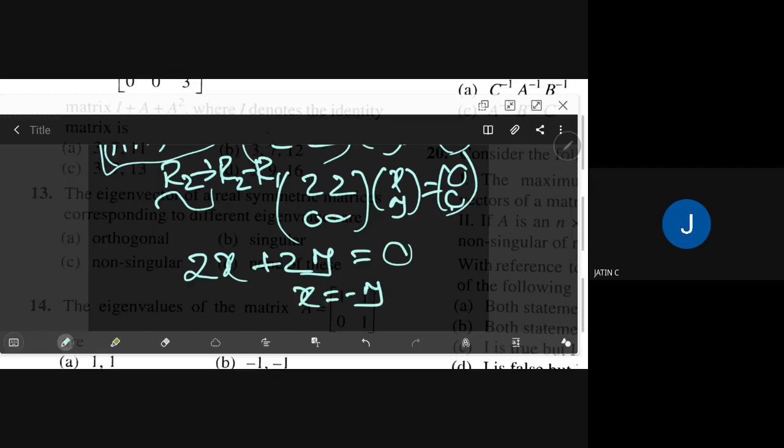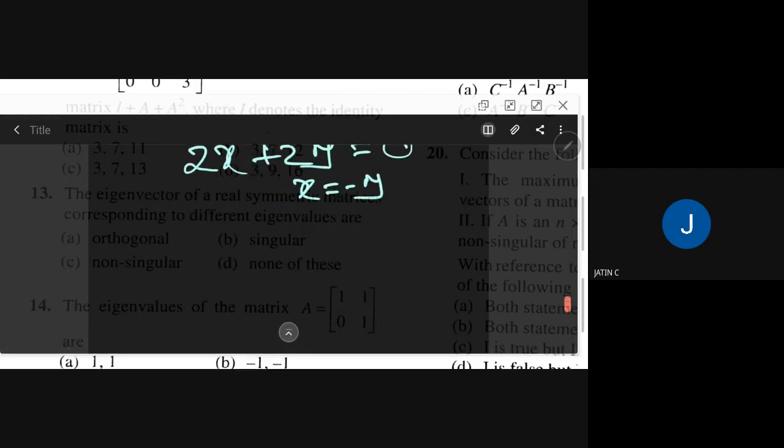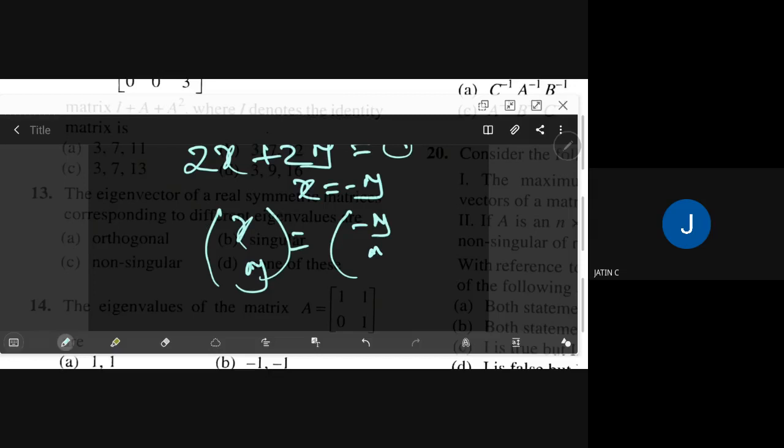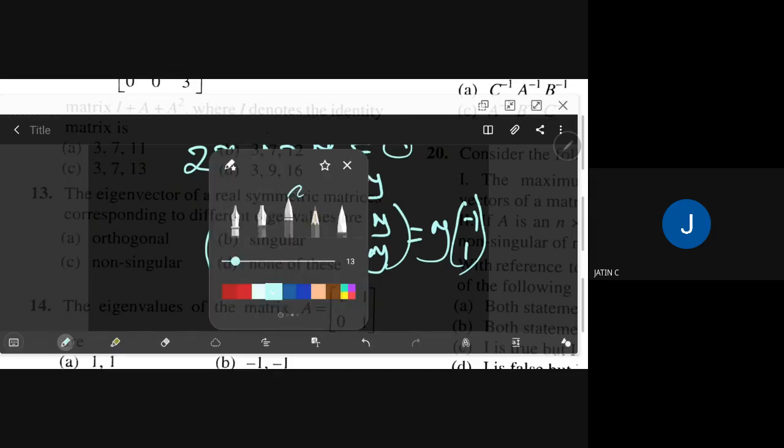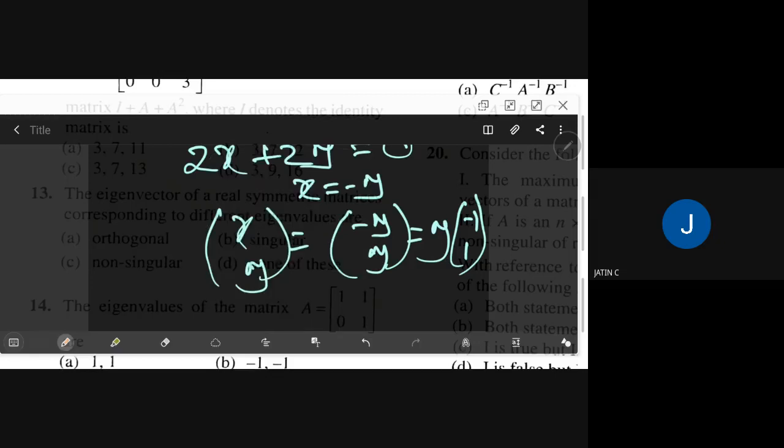So the eigenvector corresponding to this eigenvalue is xy equal to minus y into minus 1 1.